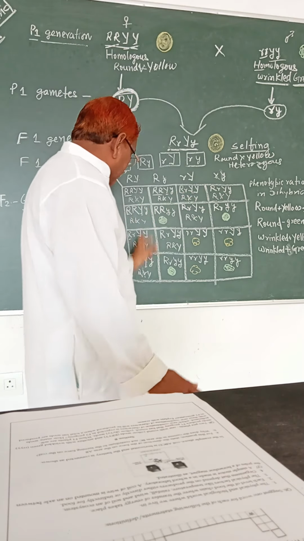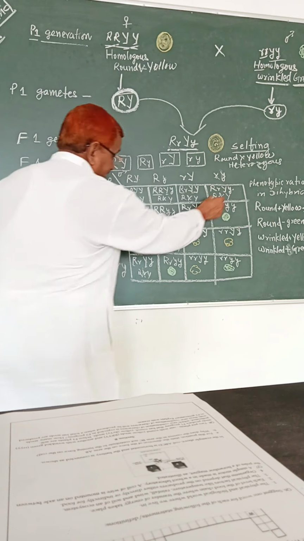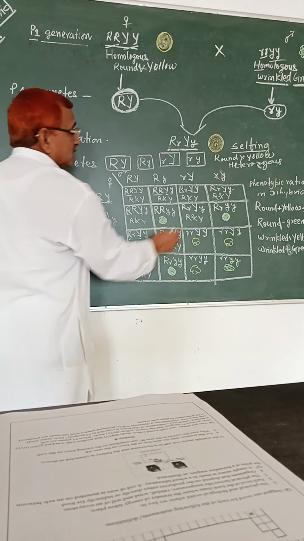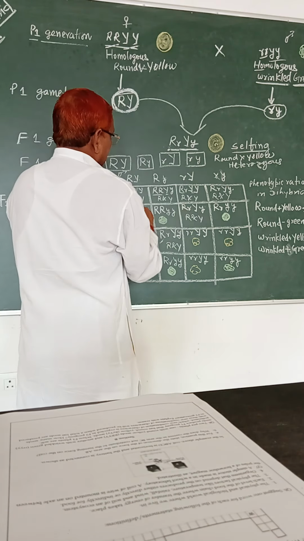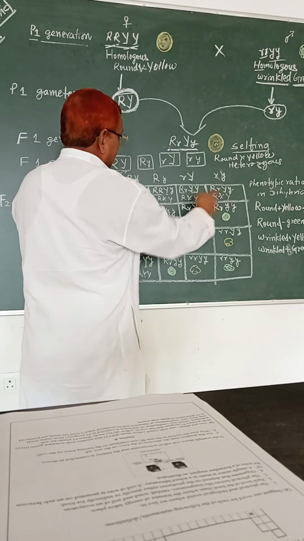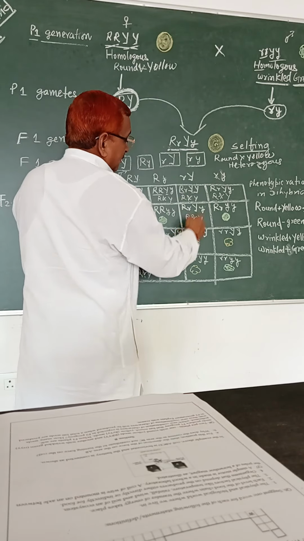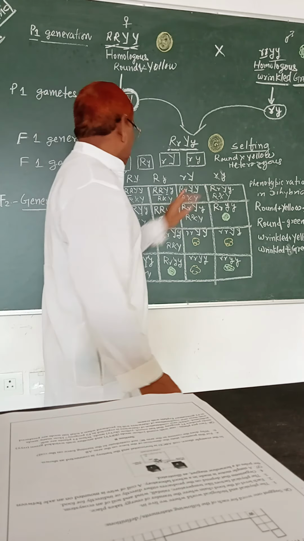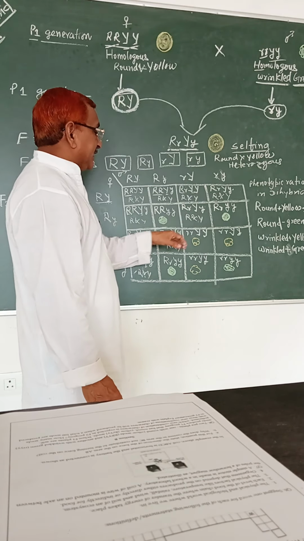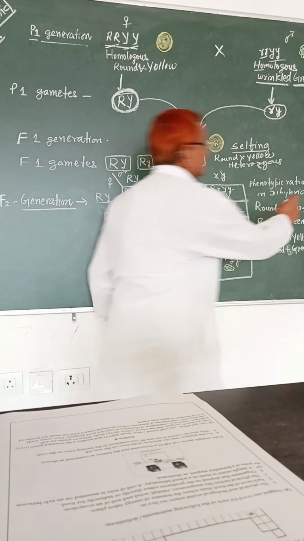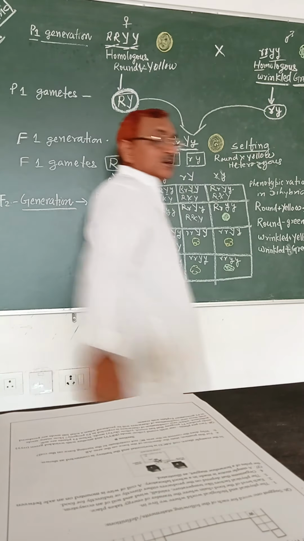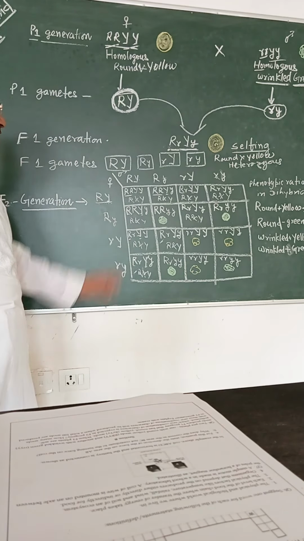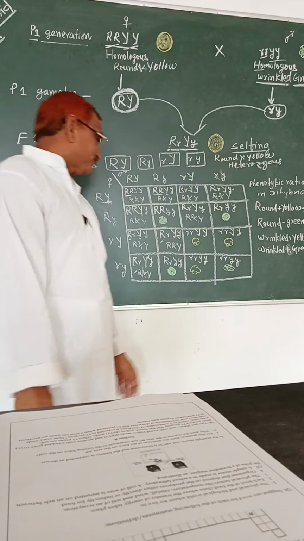This row, this row and the diagonal, all having round and yellow. So how will we count the number? 1, 2, 3, 4, 5, 6, 7, 8 and 9. So 9 will be round and yellow, the dominant parent type.